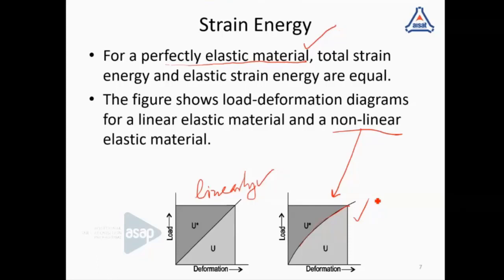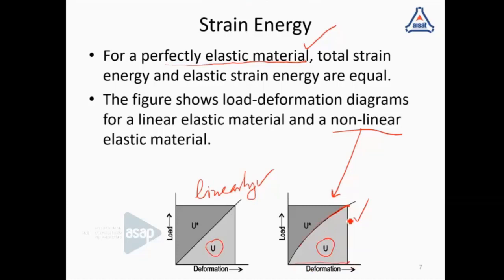And here, the light colored area, marked as U, represents the strain energy, the elastic strain energy. It is the area under the curve, defined by the deformation axis.